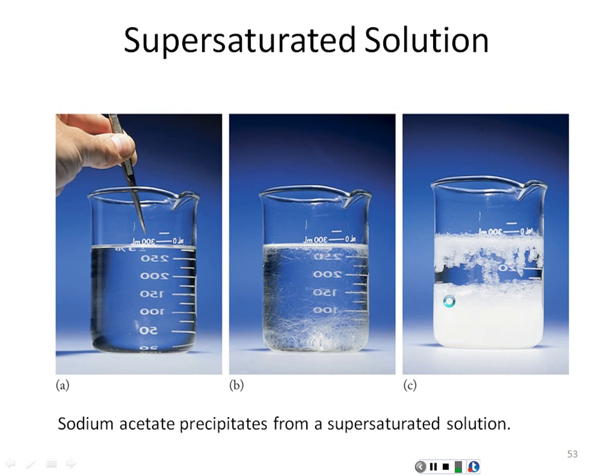Your solute is still dissolved, but as the temperature goes down, it's over the saturation point, and then all you have to do is add, as shown here with the tweezers, a small rock or something with a nucleation site, and then you get your solid crashing out of solution, as shown here.